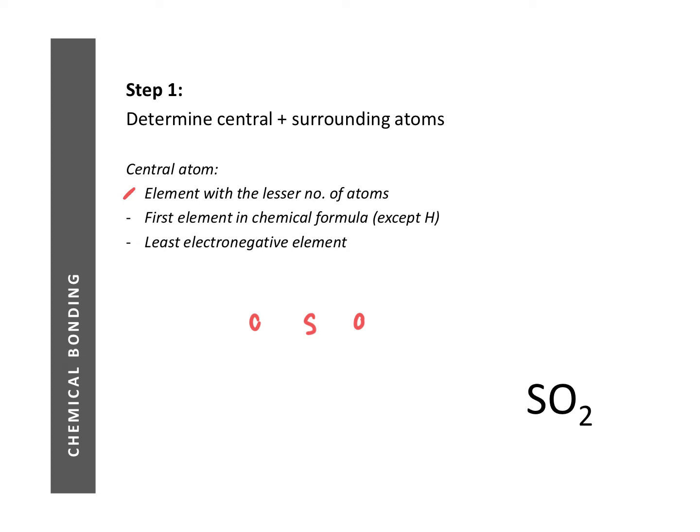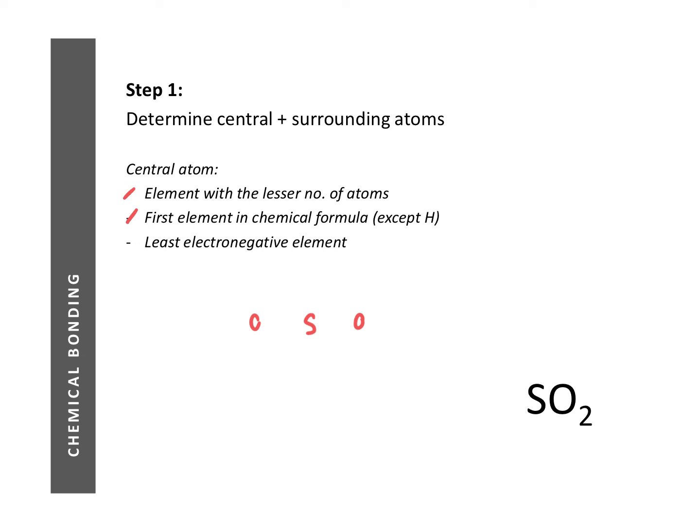Second tip is that it's usually the first element in the chemical formula. So when writing chemical formulas for simple molecules, usually the first element in the formula is the central atom. Now there's an exception, which is hydrogen, which is common sense because hydrogen has only one electron, so it's unlikely to be in the middle sharing with many atoms.